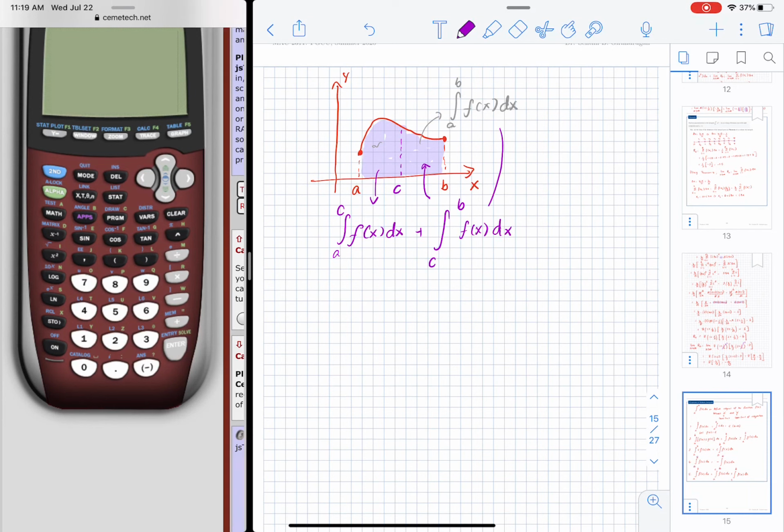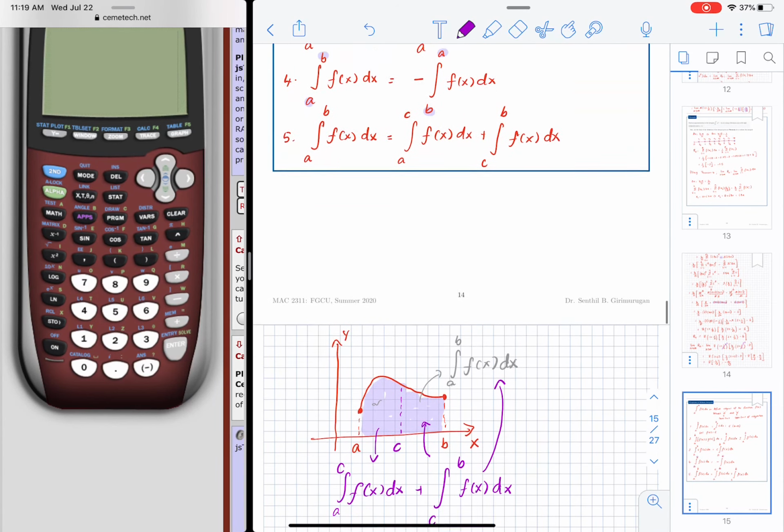And that must equal that. So the sum of these two integrals equals the area under the curve f of x between a and b.